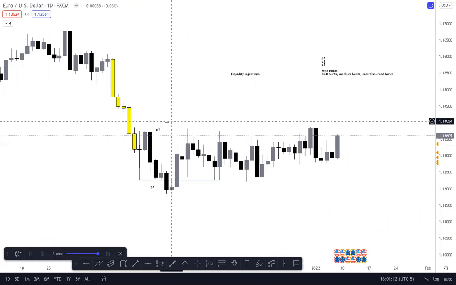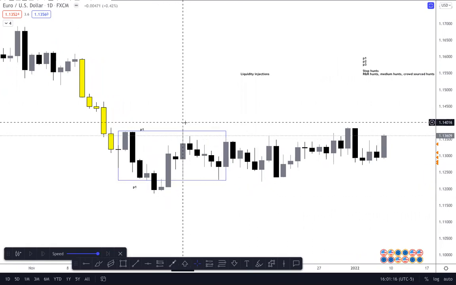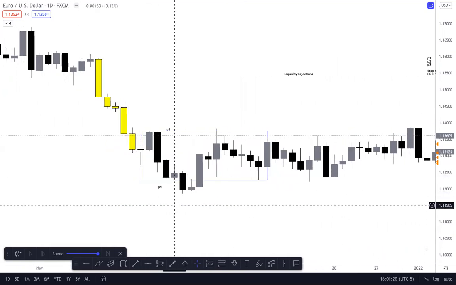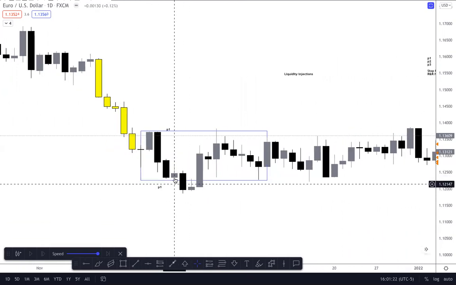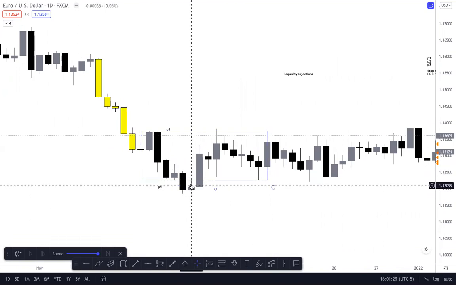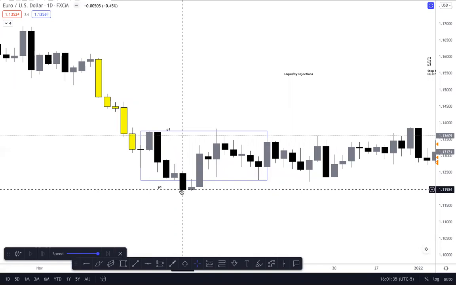Right after we have completed phase one of the market, we need to identify how the market has manipulated both sides of the market. What do we see here on phase one? After phase one, the market manipulates the injection. Once we have manipulated the injection, we need to identify how it manipulated the injection. We clearly have a candle closure below the injection.